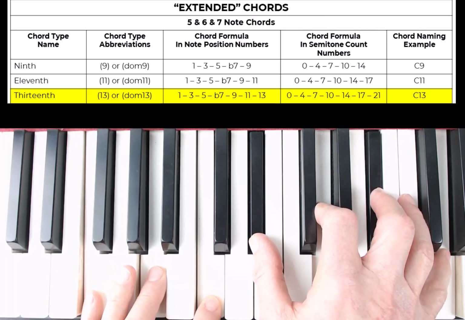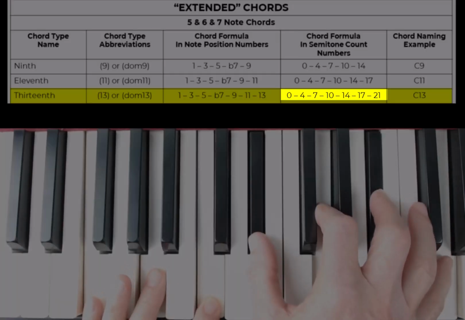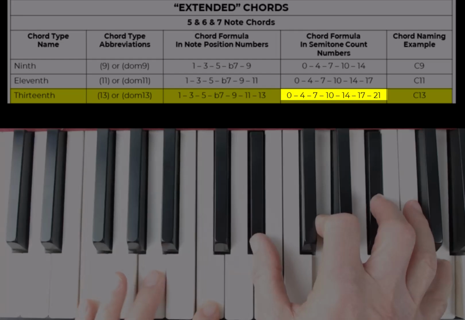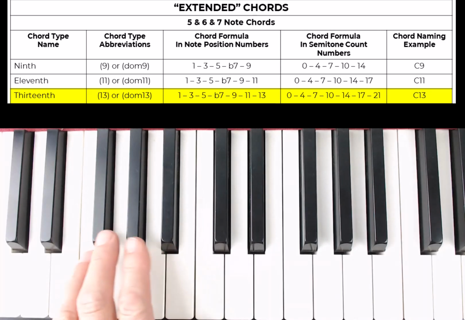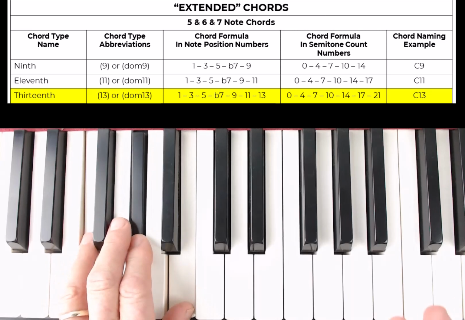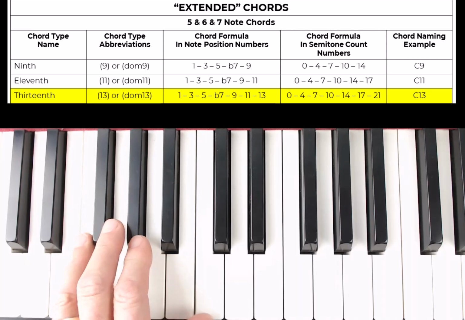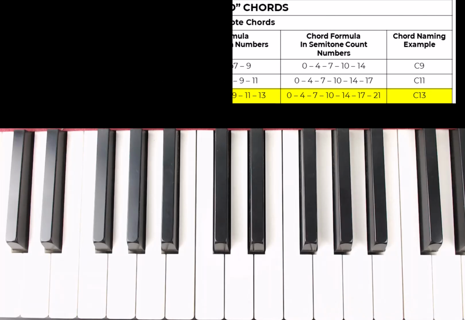Again, its semitone count formula is 0, 4, 7, 10, 14, 17, and 21. Sounds like a lot to remember, but it's not when you consider we start with a triad, whether that's a major triad or a minor triad or a diminished triad. Generally, we're going to be starting with either a major, minor, or diminished chord, and then we're just adding notes to get these more sophisticated, or what we now call extended chords.